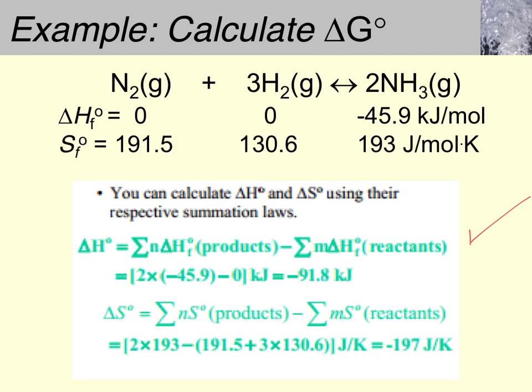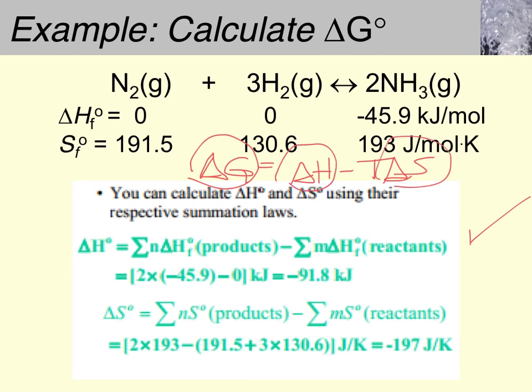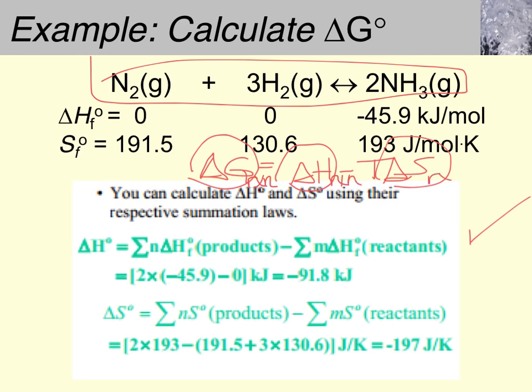Okay, so let's look at our handy dandy equation. Delta G is delta H minus T delta S. Before we can calculate G, we need to calculate delta H and delta S. Remember, since we're talking about a chemical reaction, what this is asking for is a delta G of reaction, and that comes from the delta H of reaction and the delta S of reaction.